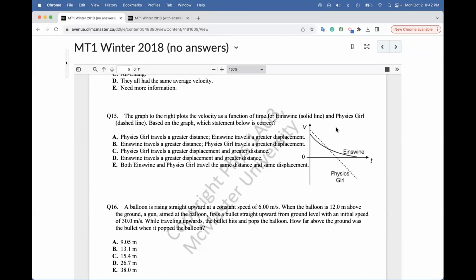I'm assuming that when the bullet is fired, the balloon is still rising upward. It's not stationary at 12 meters, so it's moving 6 meters per second during that. So from that time point, how far above the ground was that?